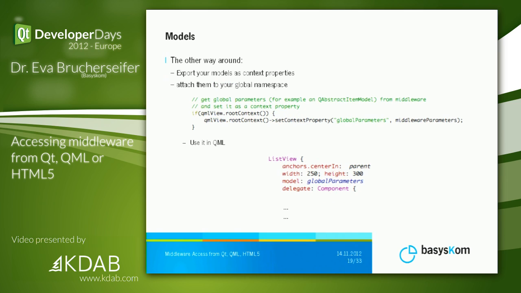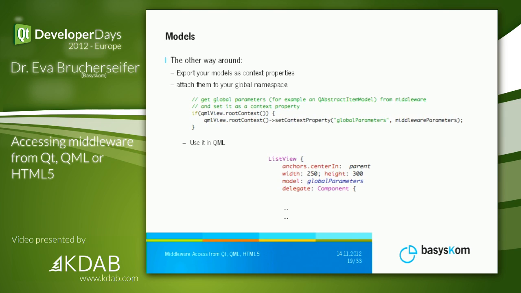Another way to export models is to use context properties. Context properties means that you don't abstract your data model inside an entity, but you put it inside your global namespace.